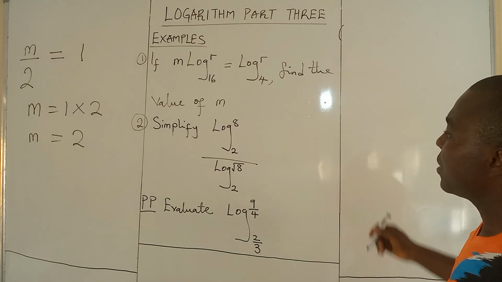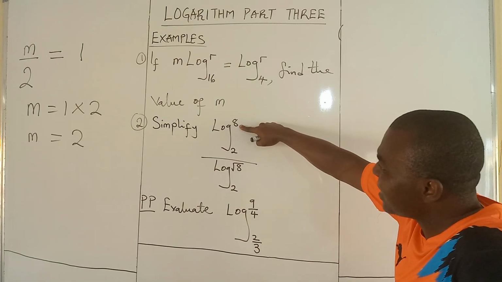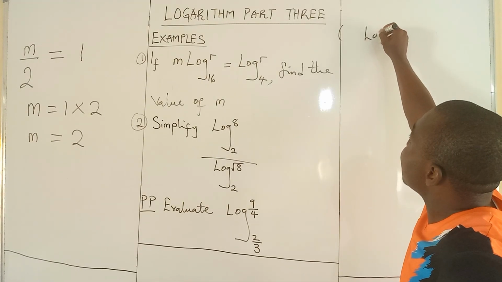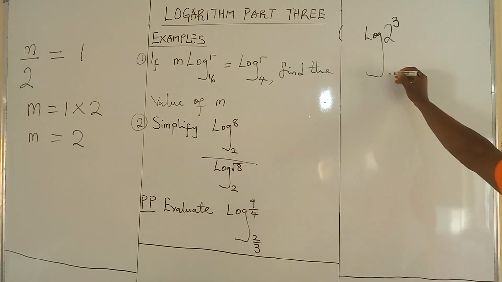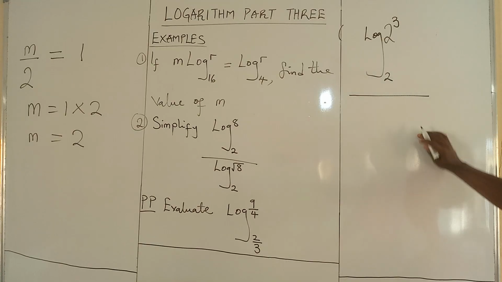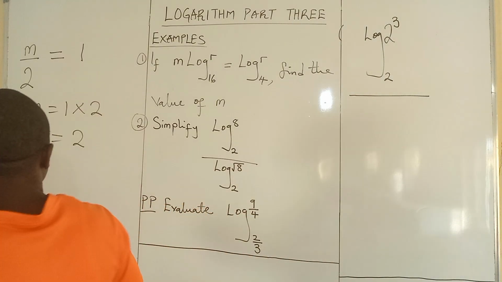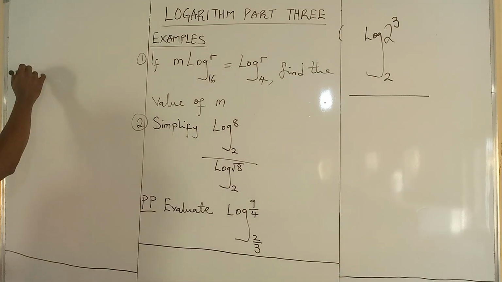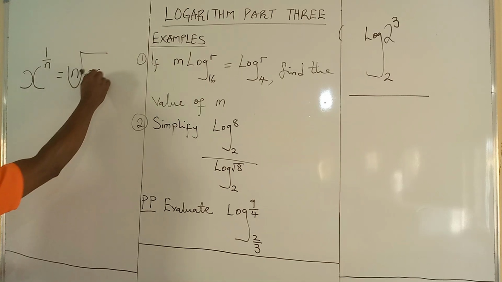Alright, so there are many ways of handling this. 8 is the same thing as 2 raised to power 3. So I can express it as log 2 raised to power 3 base 2 all over. From our knowledge of indices, x raised to power 1 over n is the same thing as the nth root of x.